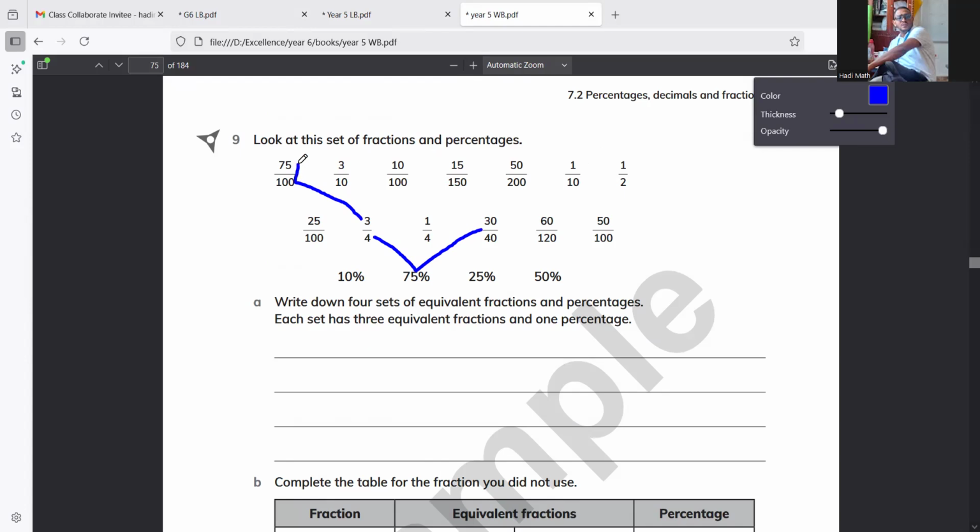I can circle this one this way. It goes with this one, we circle it this way. It goes with this one, we can circle it this way. And it goes with this one, we can circle it this way. Then the 10%. Let's go with the 10%. The 10%, the same as 10 over 100.